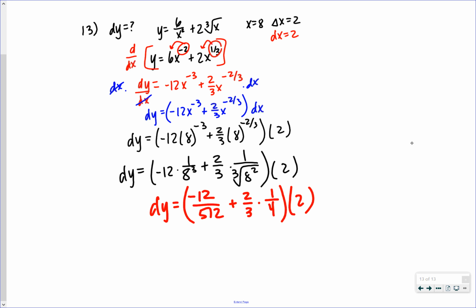If I distribute this 2, then I have negative 12 over 256, plus 2 over 6. Now I can make them the same. Oh, dang it, this is going to be an ugly fraction.